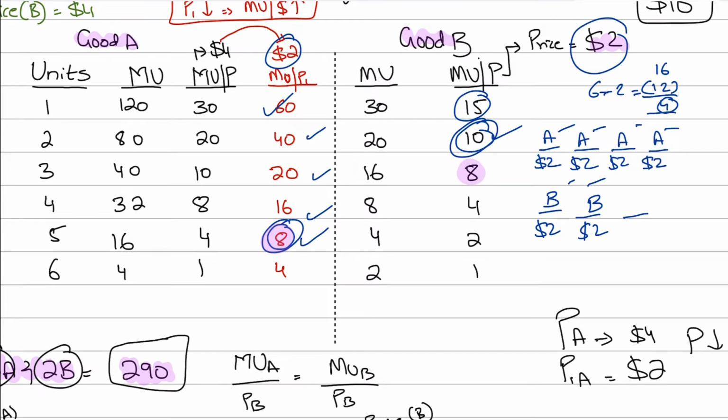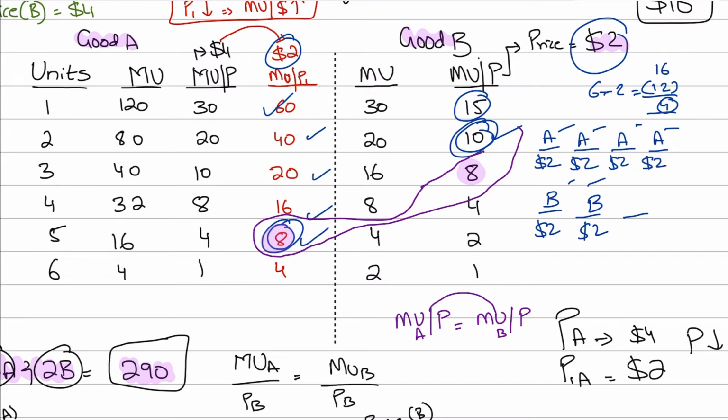Now what we see over here is that the marginal utilities per dollar of the fifth unit of good A and the third unit of good B are now the same, which means that the equi-marginal principle is now satisfied, because the consumer has reached the point where the marginal utility per dollar of A is equal to the marginal utility per dollar of B. And since the marginal utilities per dollar of both goods are now equal, the consumer is indifferent.